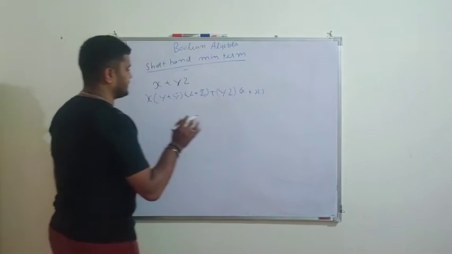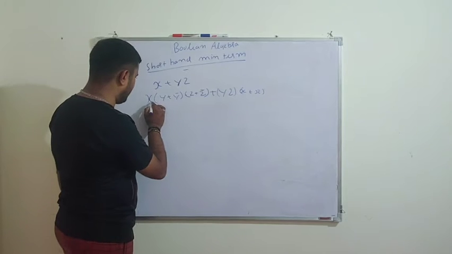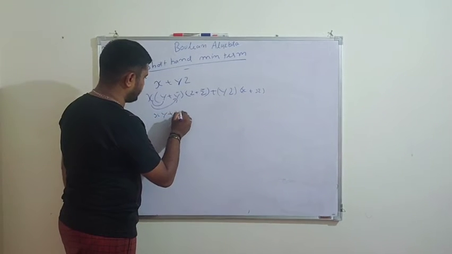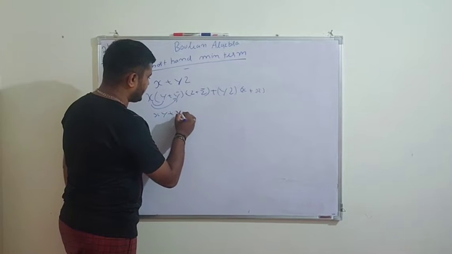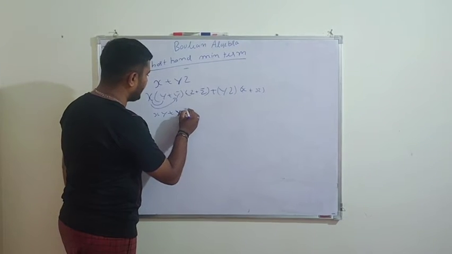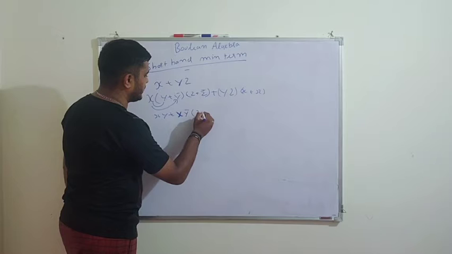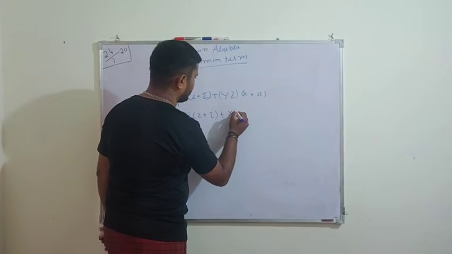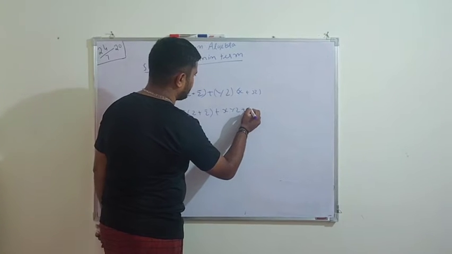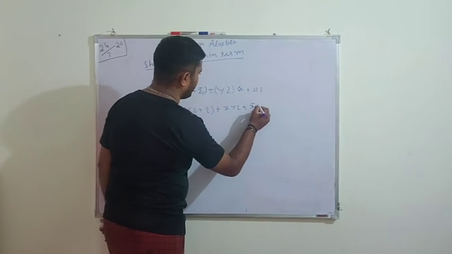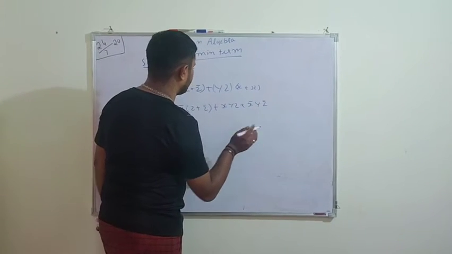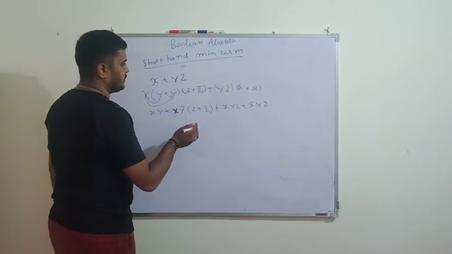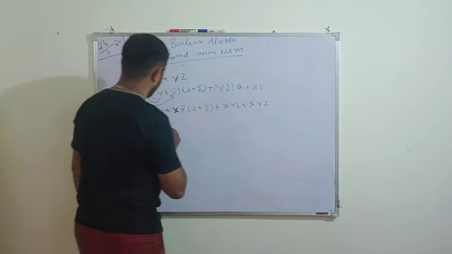Now, afterwards, what you should do? You should multiply this over here. So xy plus x y bar into (z plus z bar) plus xyz plus x bar yz. Next, what you should do now?